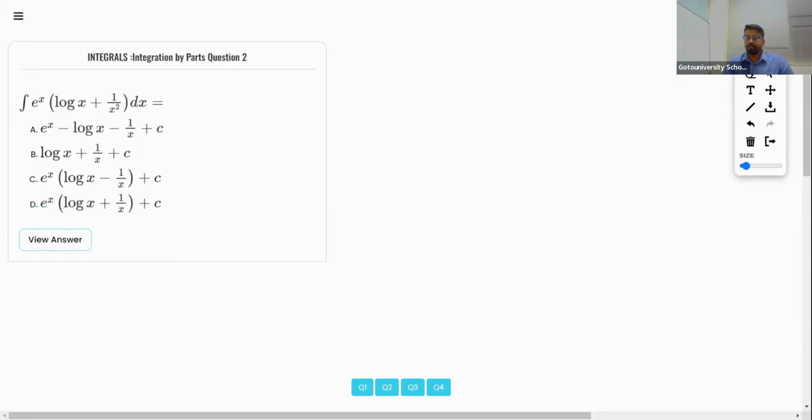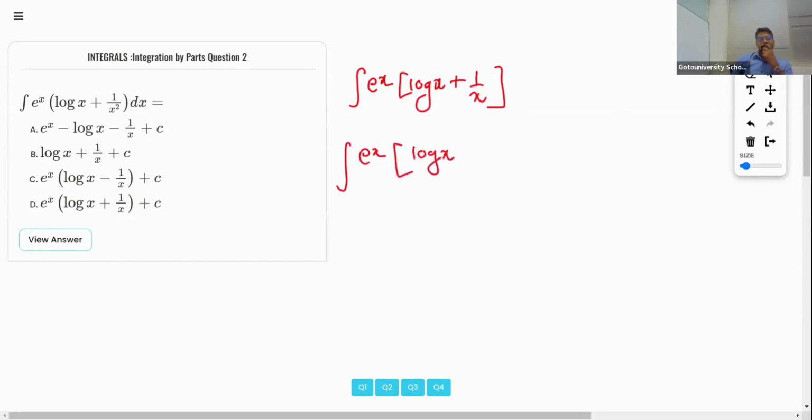This is an interesting question where we have to rearrange. It is given as integral of e power x times logarithm of x plus 1 by x. I'm going to rearrange this problem as e power x into logarithm of x. What is the differentiation of logarithm of x? 1 by x.